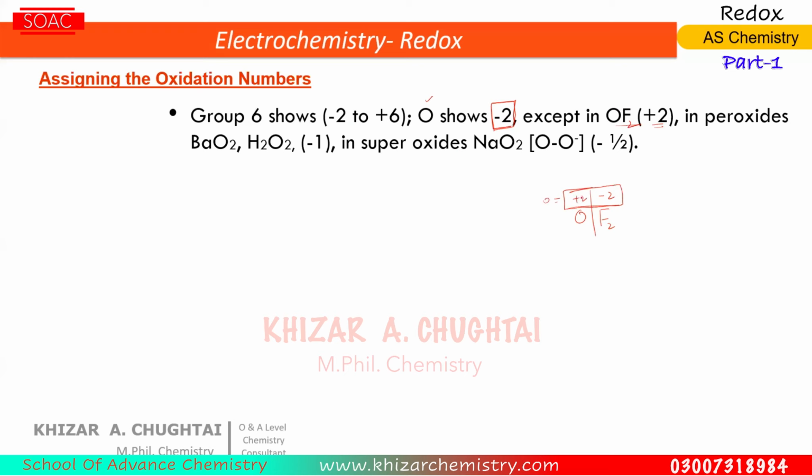Group 2 has a fixed oxidation number, +2. So to make the sum equal to 0, I put -2 in this box. This -2 is for 2 oxygens, so for 1 oxygen it is -1. Whenever you find -1, it is said to be a peroxide. These are not normal oxides.